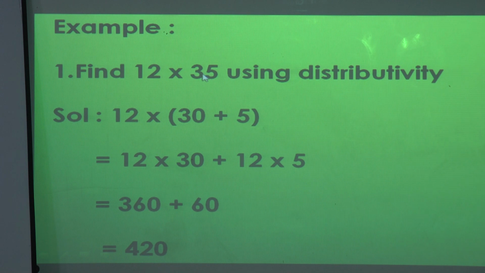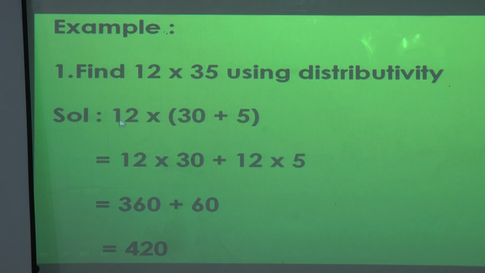Okay, we have distributed it, or we have expanded the bracket as we have seen in the first lesson, knowing our numbers. See, now 12 is outside the bracket and 30 plus 5 is in the bracket.